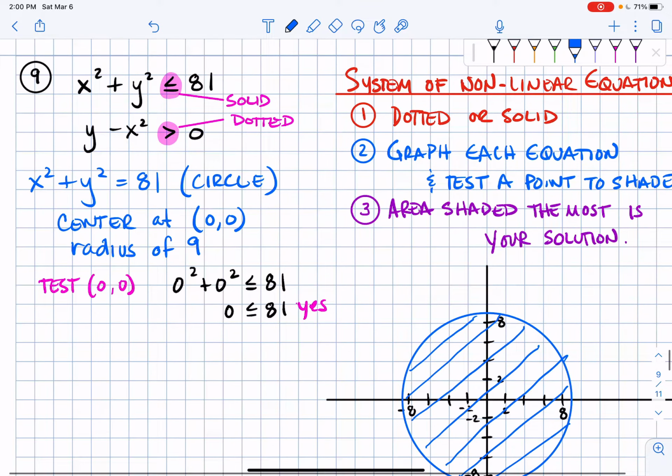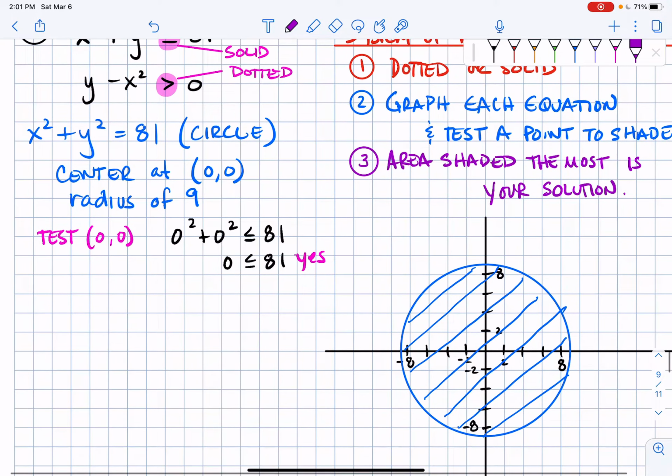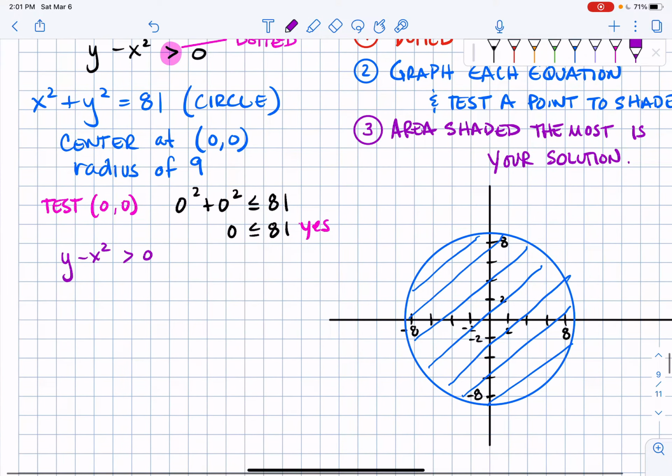Then I want to take my second equation, let's go purple. So I got y minus x squared is greater than 0, right? So I already said that it's going to be dotted.